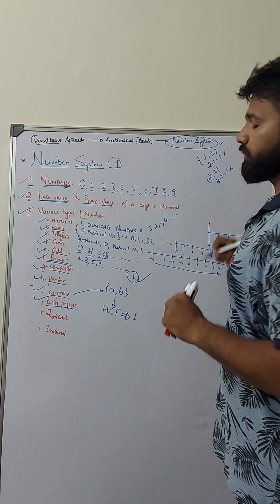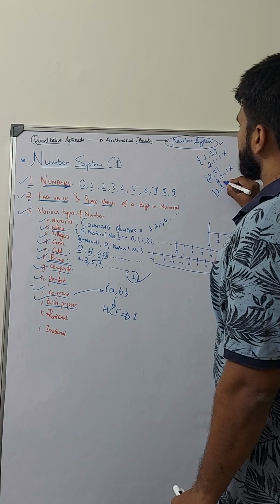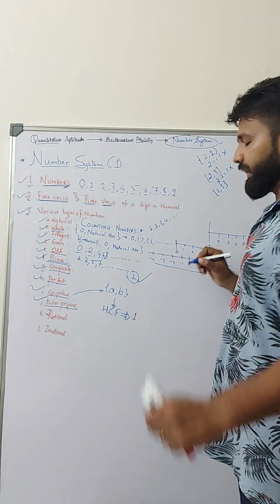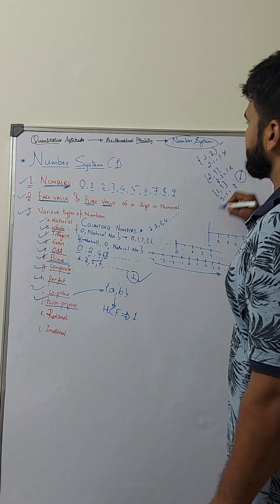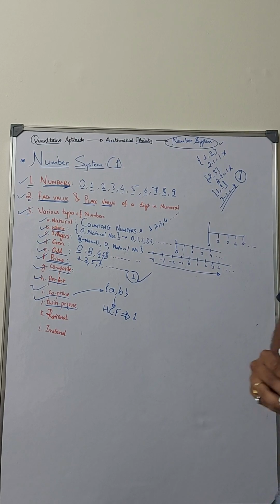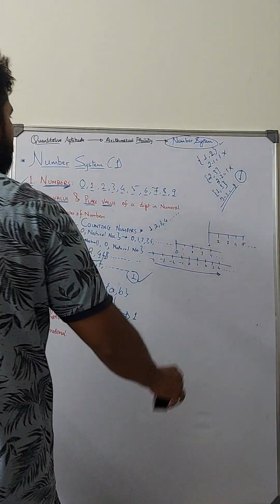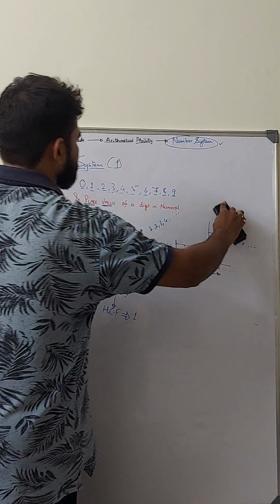Are they twin primes? No. 3 and 5 are prime, right? Are they twin primes? Yes. So the difference should be equal to 2. I hope it is clear. It is a simple topic, not much more complicated.